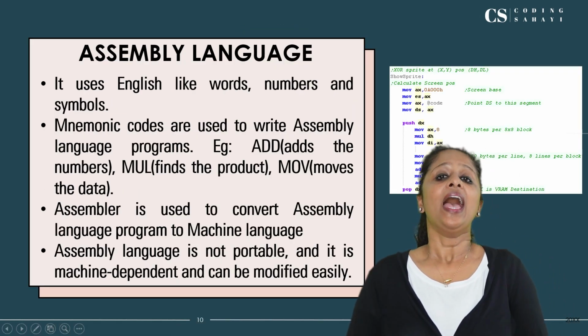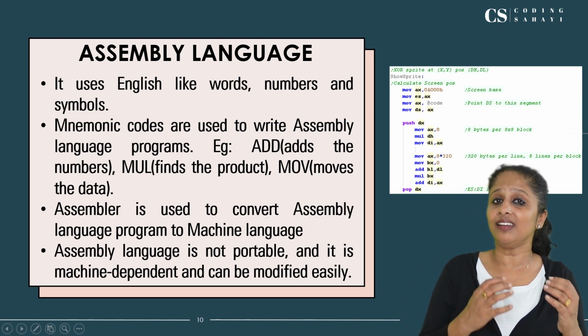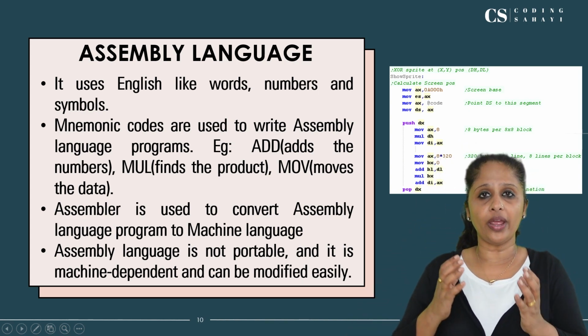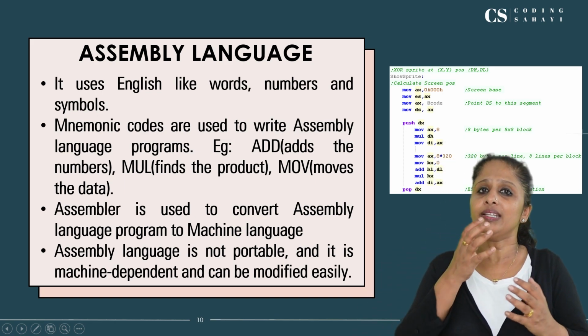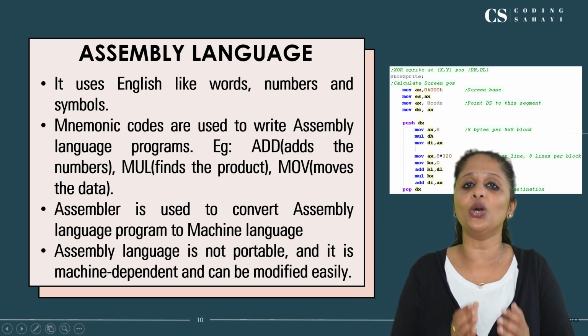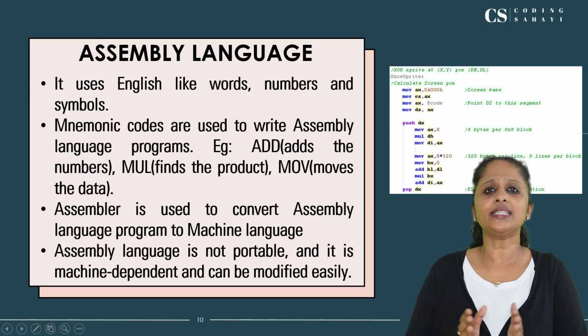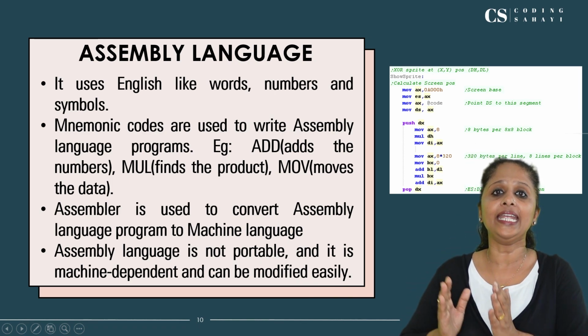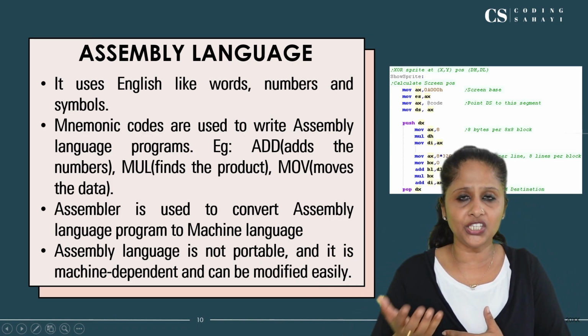Assembly language. Assembly language uses English-like words, numbers, symbols, etc. to write the instructions. So the symbols used for writing assembly language program are known as mnemonics. For example, if you want to add two numbers, we can use the symbol ADD, and for multiplication MUL.